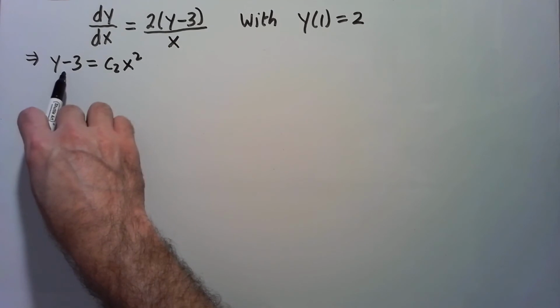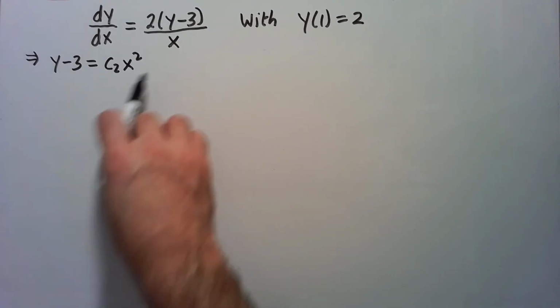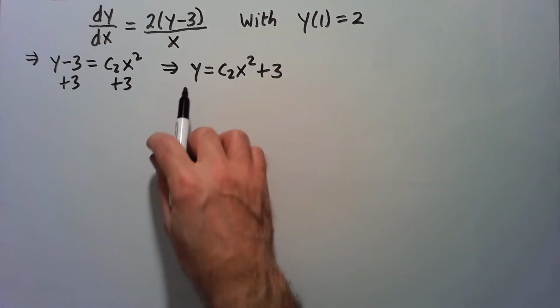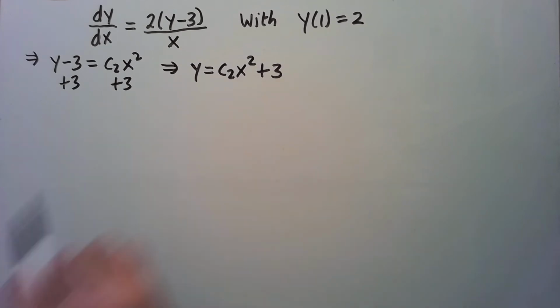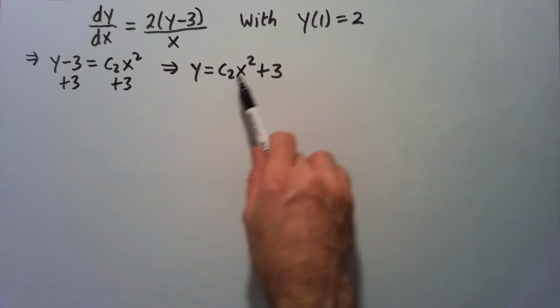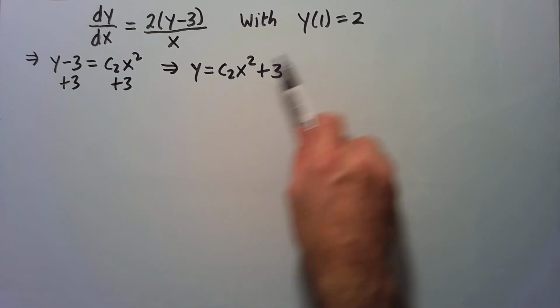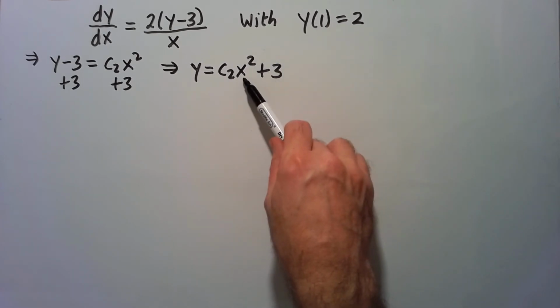We can then solve for y by adding 3 to both sides. So we have y equals c2 x squared plus 3. Now we need to satisfy our initial condition, so that's going to impose restrictions on c2. So let's see what happens when you put 1 in place of x.